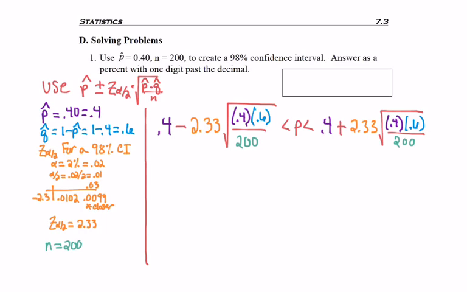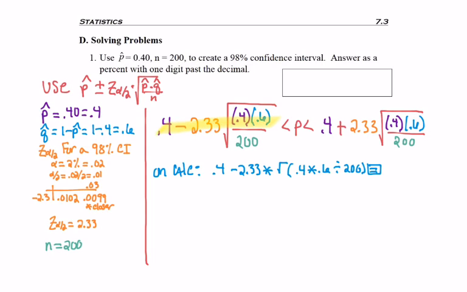To enter this into my calculator, remember you want to try to go straight across as one line. So 0.4 minus 2.33 times the square root of 0.4 times 0.6 divided by 200, and then just hit equal. I have parentheses up above in the formula for clarity's sake in reading it, but when I enter it into the calculator, I don't need all those parentheses.